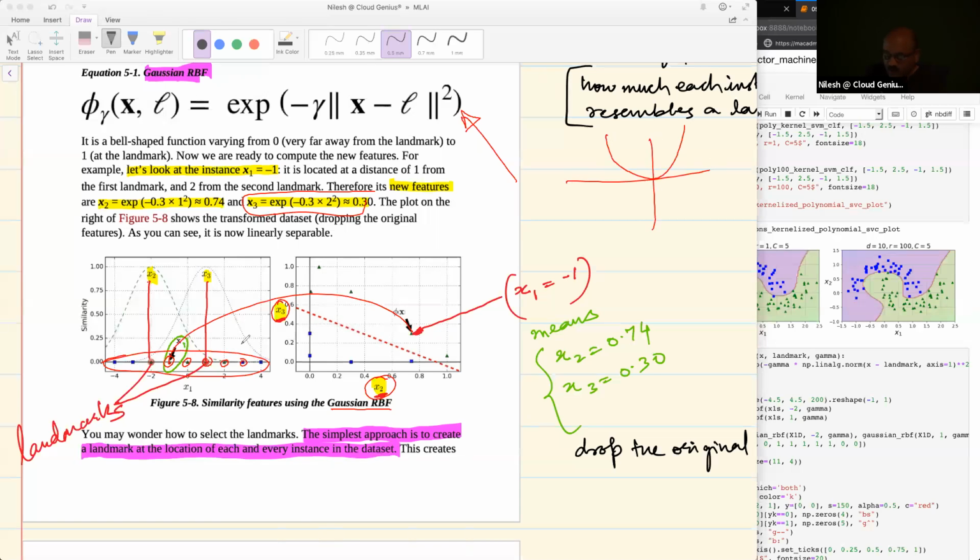Now we are doing it in this similarity function on 2 landmarks. And those two, x3 and x2, will come up with a picture that will look like this, this, and this, and that, and these dots, wherever they are. And that also gives us a linearly separable method. And that is the underlying concept.